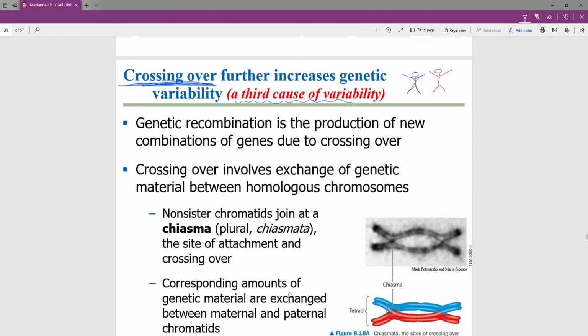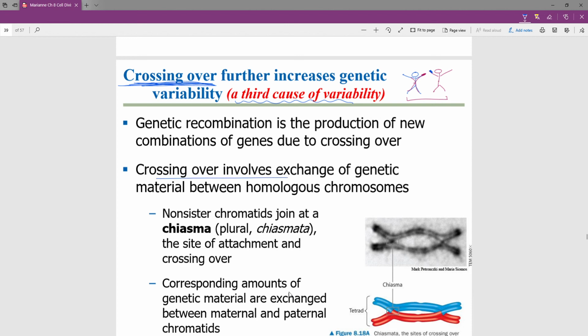And so when they align as a tetrad, sometimes, if you will, their forearms get tangled up. And so if we were to tangle up and cross over, this part of my forearm would be from that homologous chromosome, and they would walk away with my forearm, if you will. This is so much better when I can act it out. I hope you're following along. And if not, the notes should have our back.